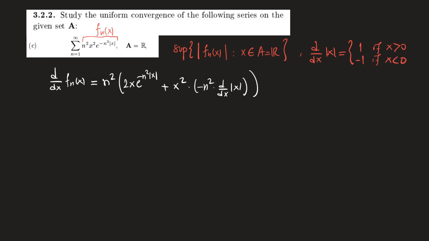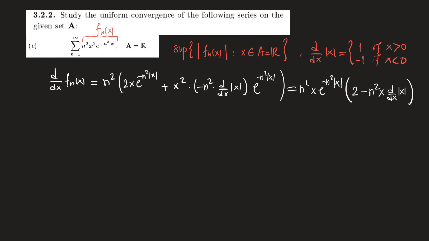So first let me simplify this derivative. I can take the common factor: x e to the power minus n squared absolute value of x. So we have 2 minus n squared x times d over dx of the absolute value of x.